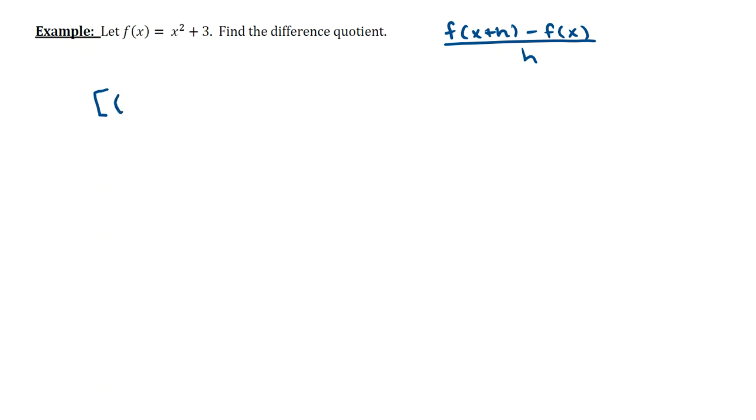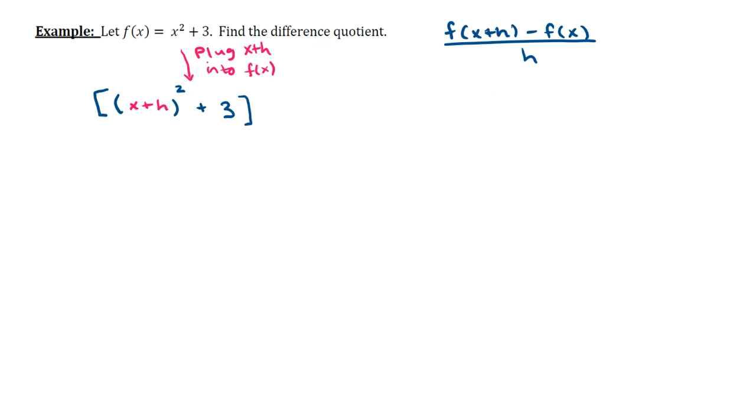So I'm going to open up a set of parentheses, quantity squared plus 3, and inside that set of parentheses I'm going to have x plus h. And then I'm going to close off the brackets.